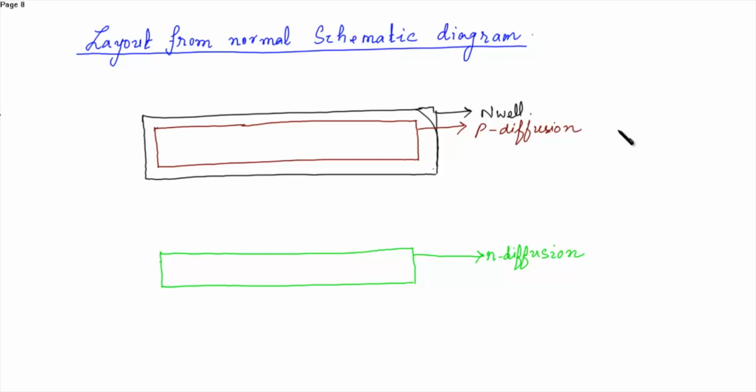Now after drawing the P diffusion and N diffusion layers, next you have to draw the poly.